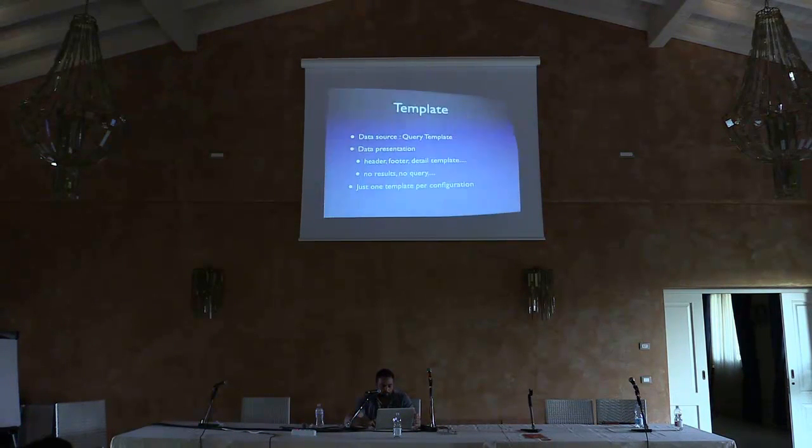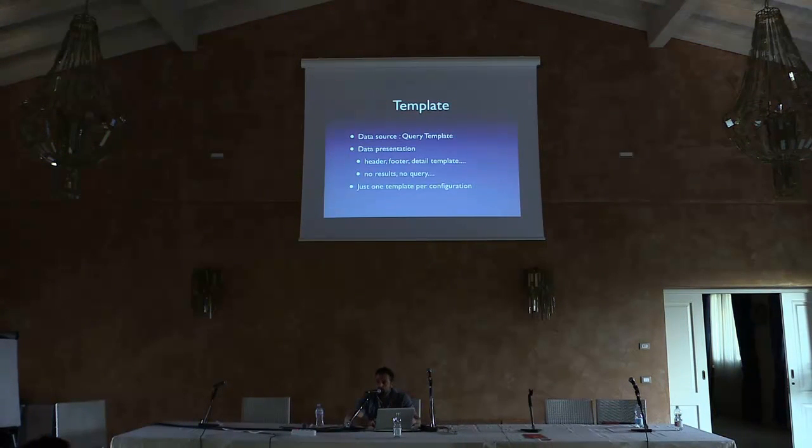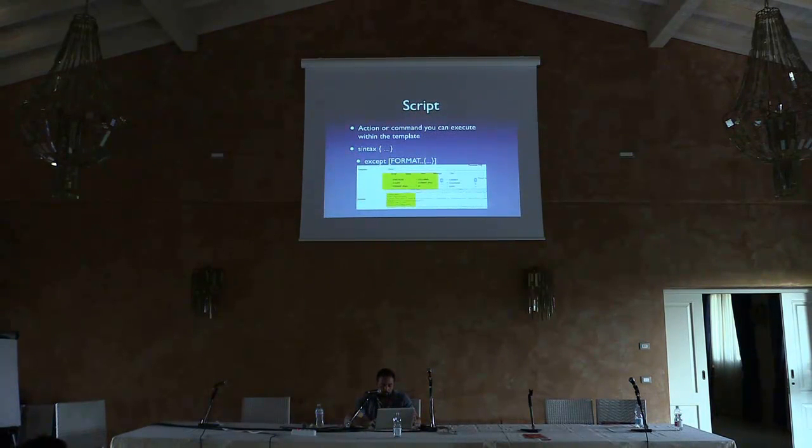The template is a very powerful feature of OWS. Data source, query template, data presentation, no result, no query, one template for configuration. So we can add scripts on the internal of a template, like this, WF, subquery, and so on.